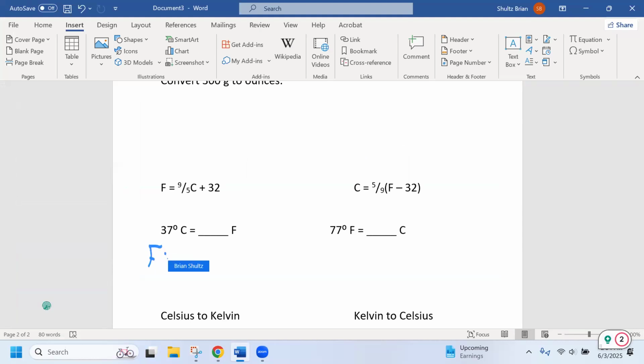Fahrenheit equals 9/5 times 37 plus 32. Remember, I've got to do 9 divided by 5 times 37, which gives me 66.6, plus 32 gives me 98.6 degrees Fahrenheit.